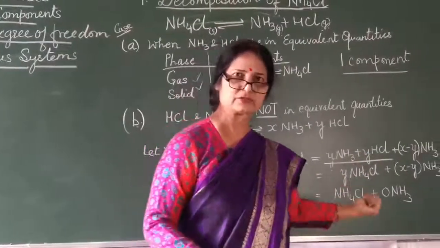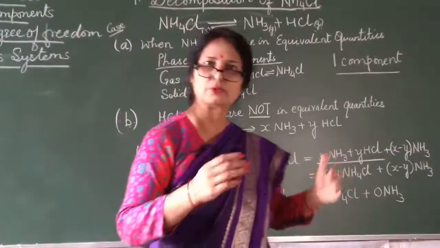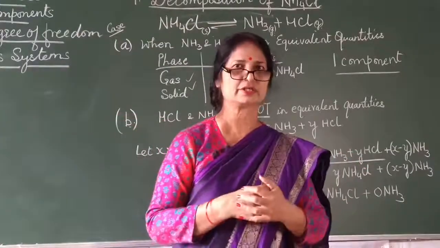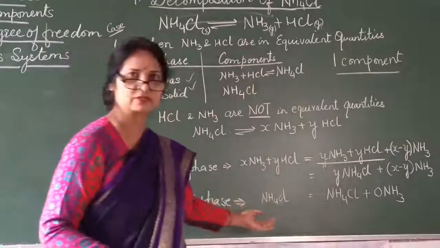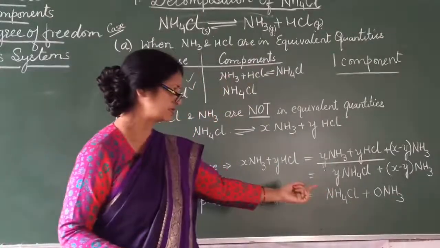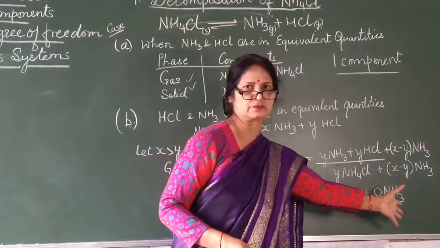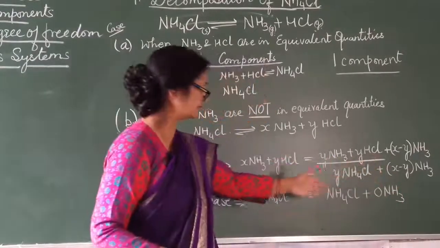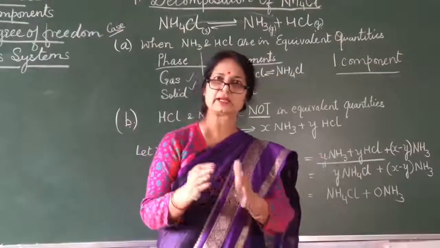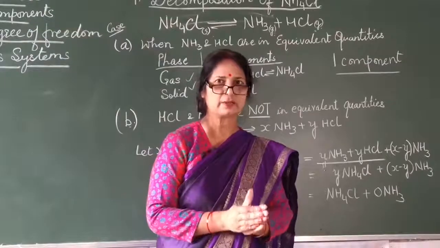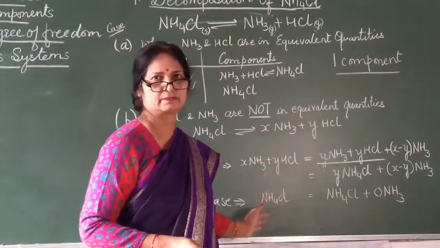With the help of NH4Cl and NH3, we will be able to explain both the gaseous as well as the solid state. To express the solid state, we have NH4Cl, which can be expressed as NH4Cl plus 0 times of NH3. So by taking these two chemical entities, we are able to explain both the phases of this system.